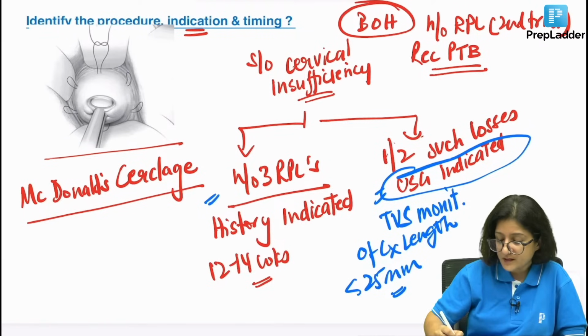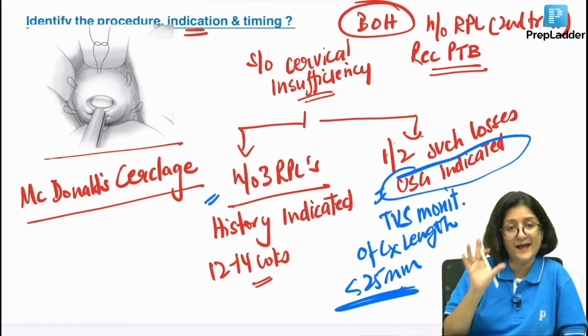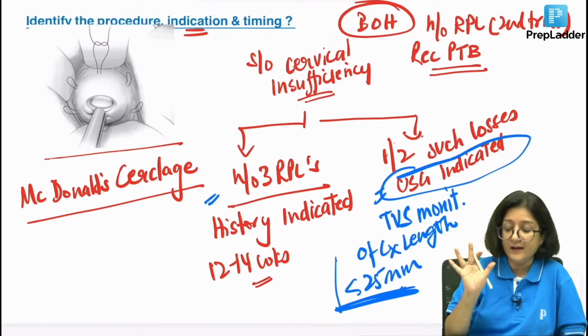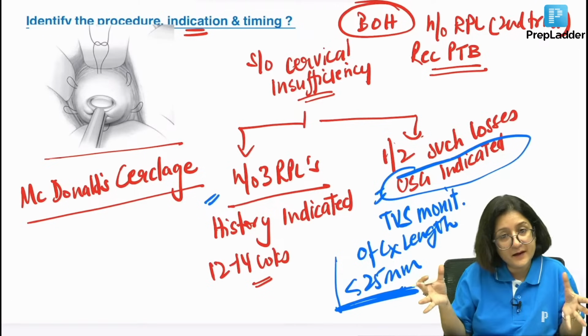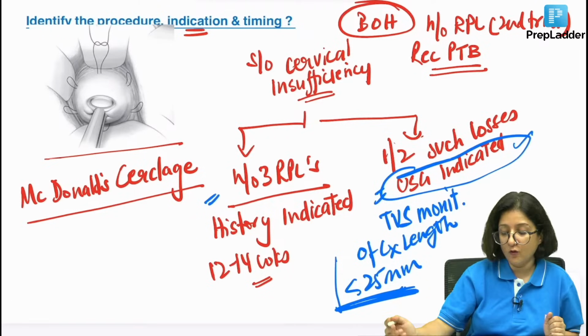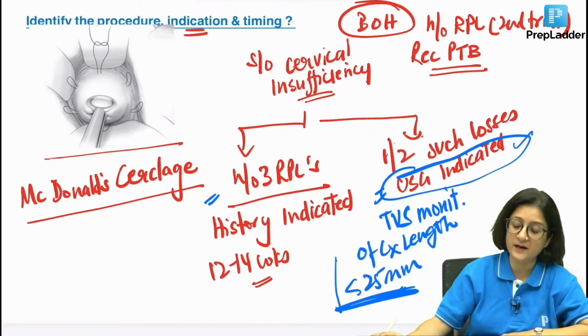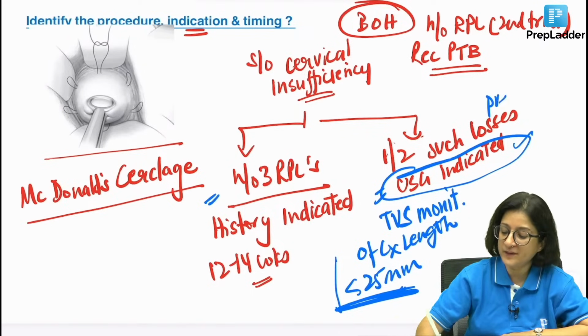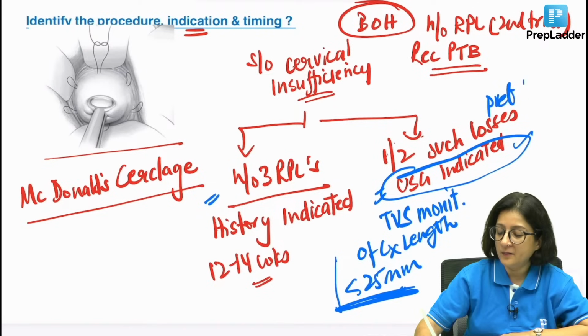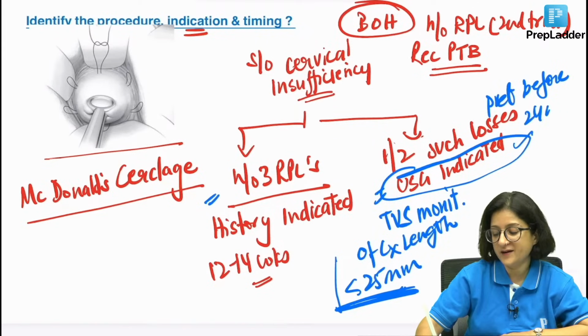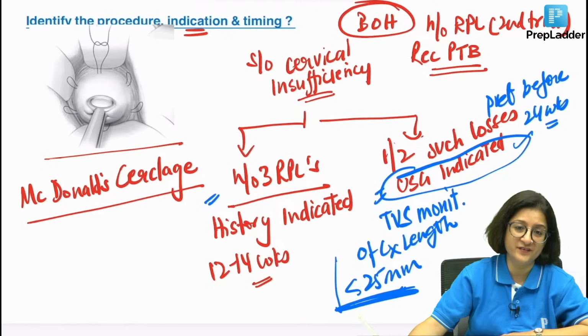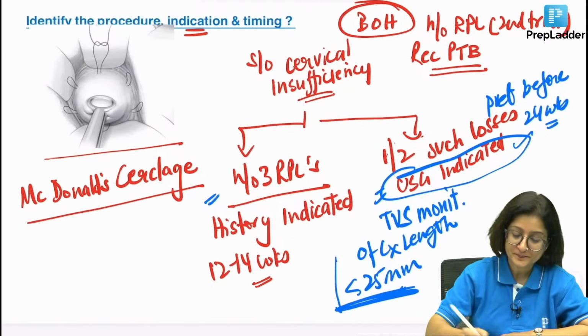But what is most important is the cervical length, the length of the closed cervix. So when the length is showing us that it is about to open up, we can go for the ultrasound indicated cervical cerclage, right? And this is again preferably to be done before 24 weeks. Okay. All right.